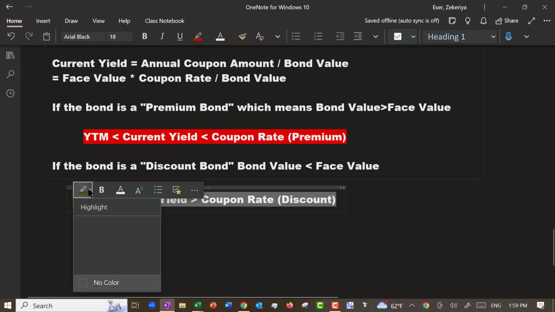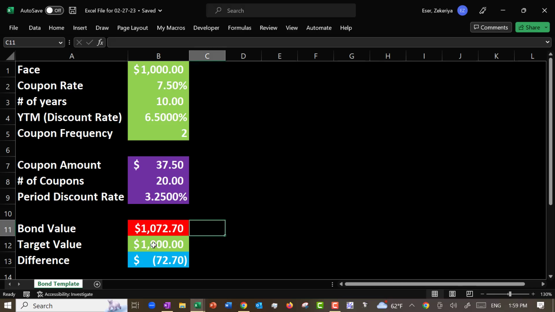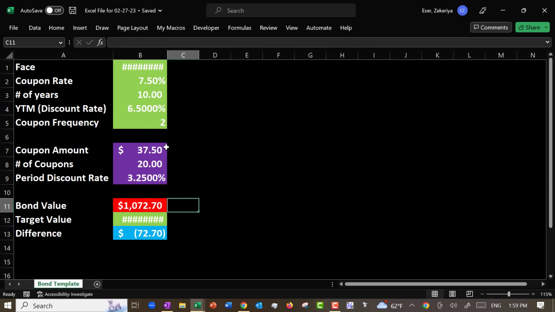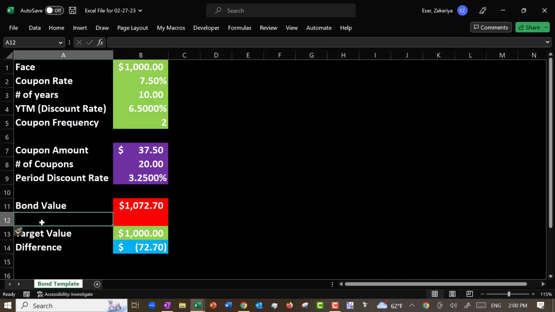Okay. I don't know why I made them red and green. I just did. And if you look at here, let's make this a bit smaller. Let's also calculate current yield. Take the face value, multiply it with coupon rate, divided by the bond value.